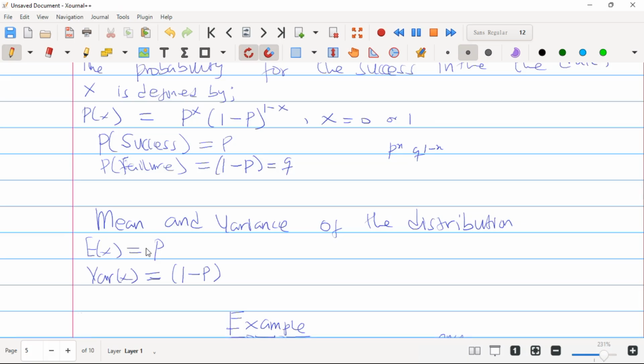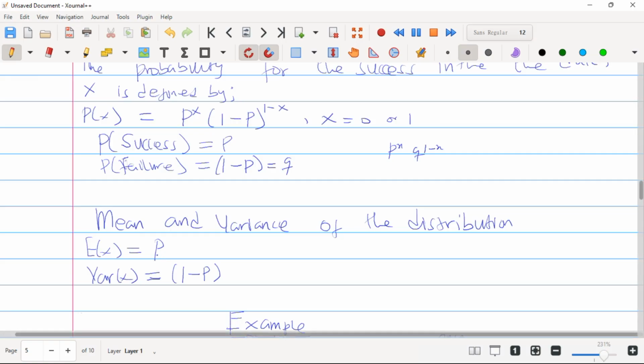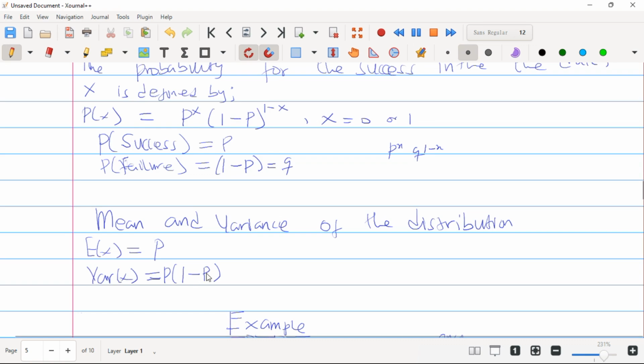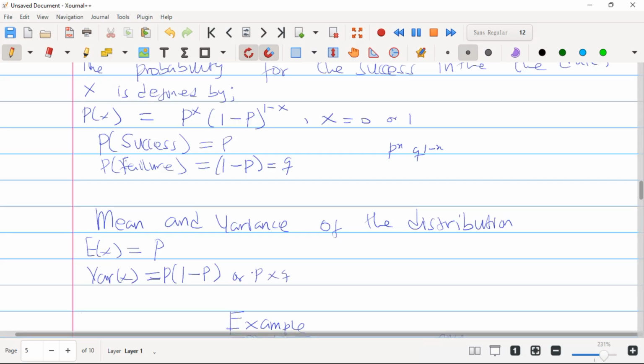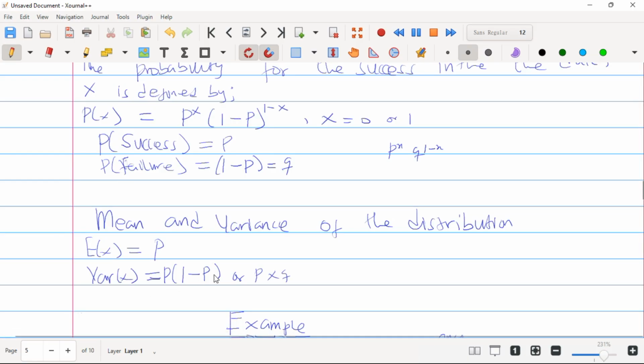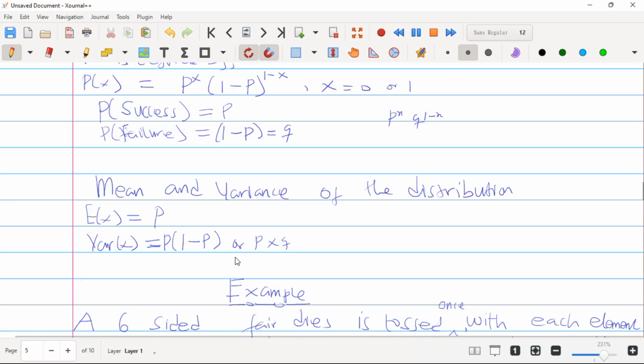So when any Bernoulli distribution is given to you and they ask for the mean, the mean is always the probability of success, that's p, and the variance is given as p times (1 - p). In other words, it is just p times q. So either form, p times q or p times (1 - p), is how we find the mean and variance for the Bernoulli distribution.